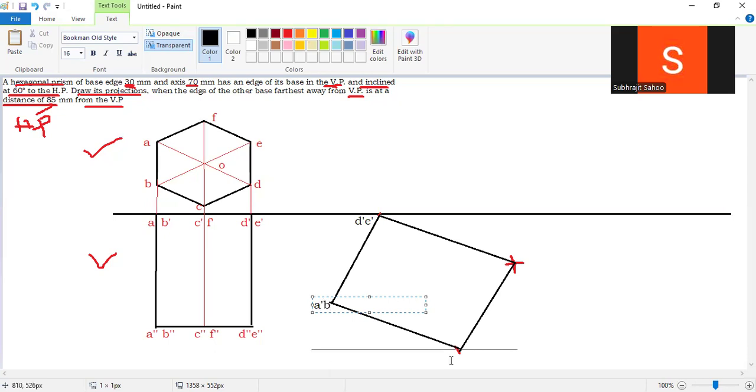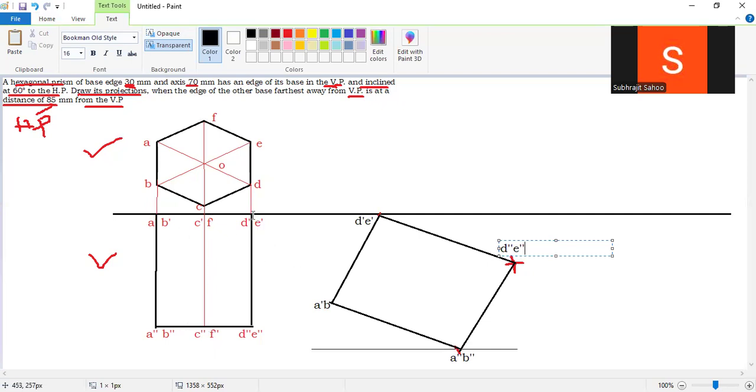This one is my A double dash B double dash, and this one is which point? D double dash E double dash. Sir, which point is remaining? Which point is left? Sir, C dash F dash and C double dash F double dash.